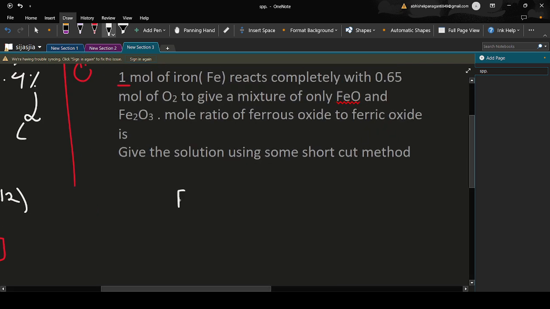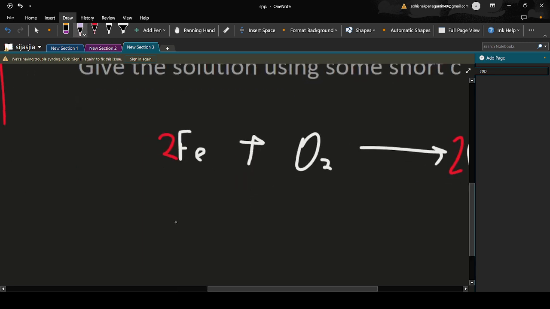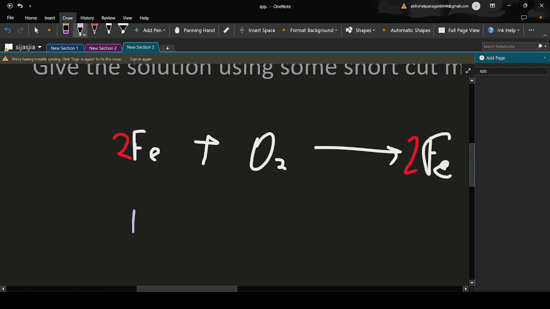Suppose the reaction is Fe reacts with O2 to give FeO, and if we balance this properly, we get 2 Fe and 2 FeO. This is our first reaction. Let's go for the second one, which is similar, but we get Fe2O3, of course our baby rust.